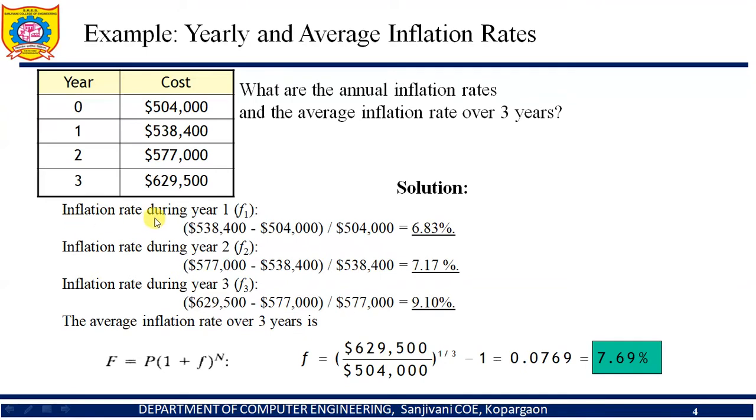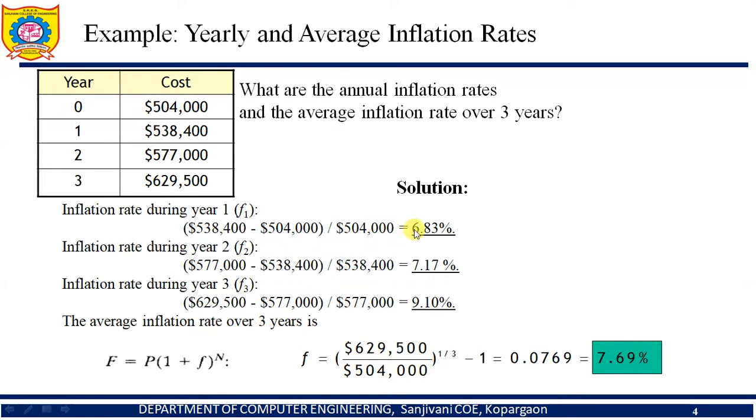The inflation rate during year 1, that is f1, is calculated by using the formula: the cost of the product for year 1 minus the cost of the product for the previous year, upon the cost of the product in the base year.